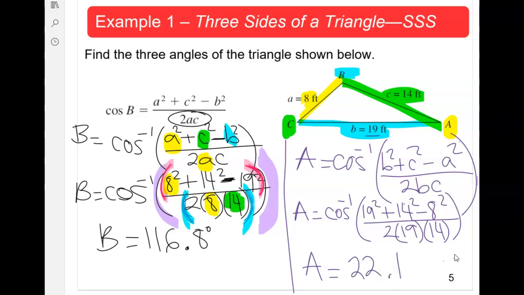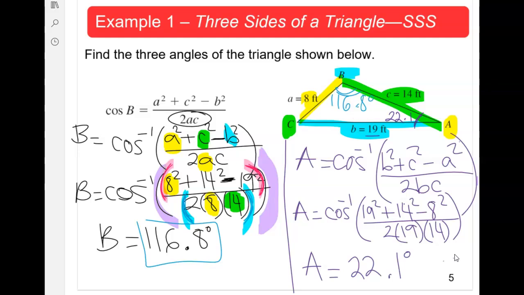22.1 degrees, and that's the one here, 22.1. Which one do we find? B. Angle B is here, and so that one is 116.8. And if you notice, it does look obtuse.